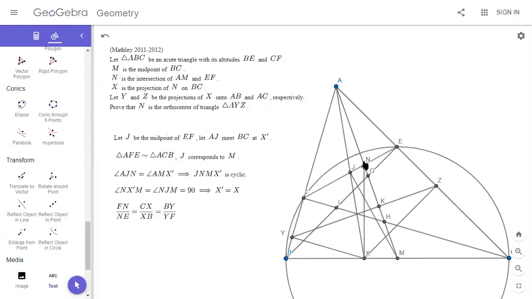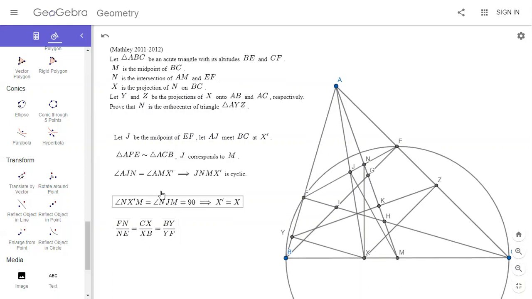Right. Because, well, so I should say N corresponds to F. So since J corresponds to M, that means that N corresponds to X.